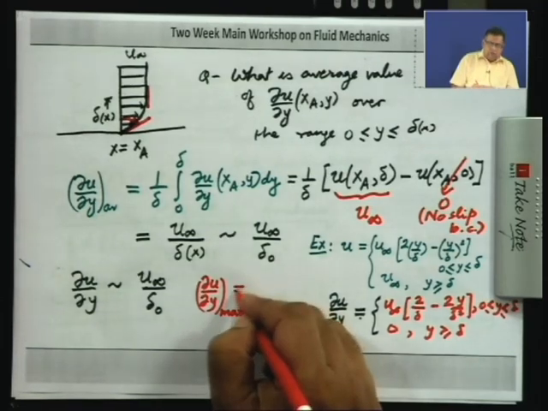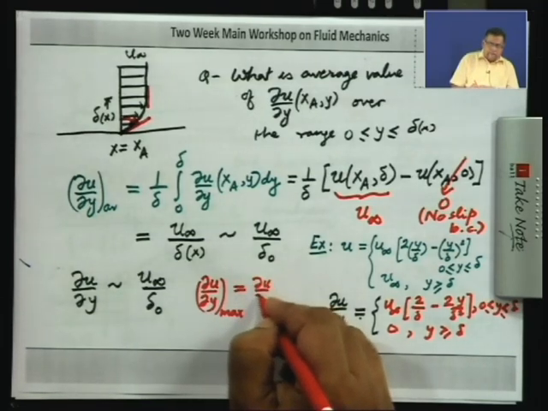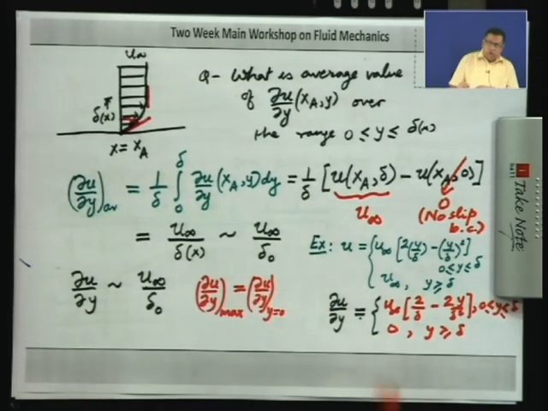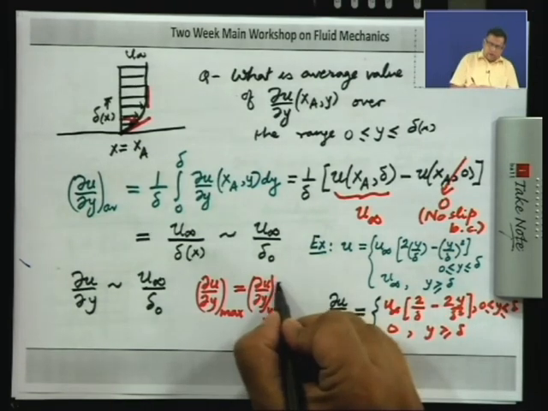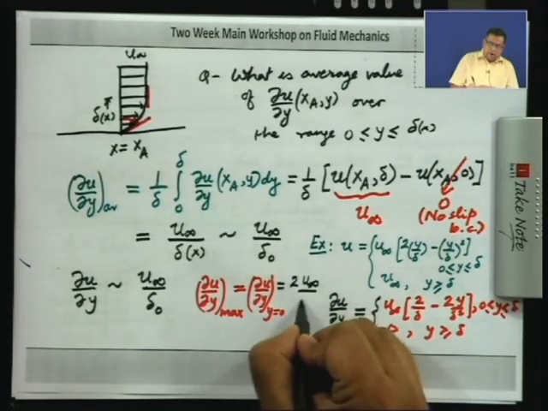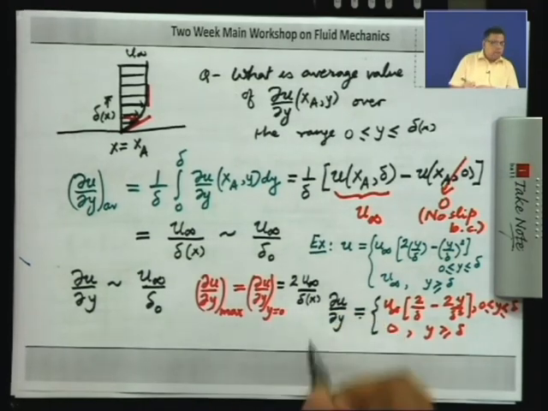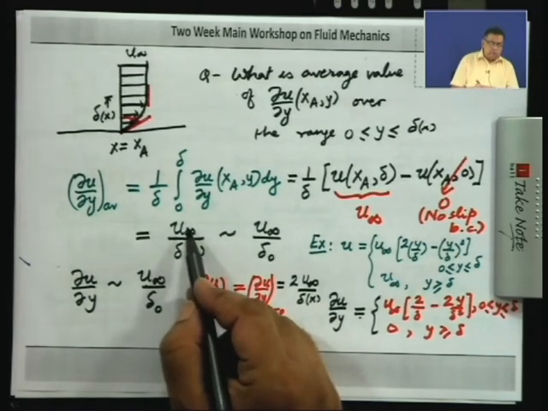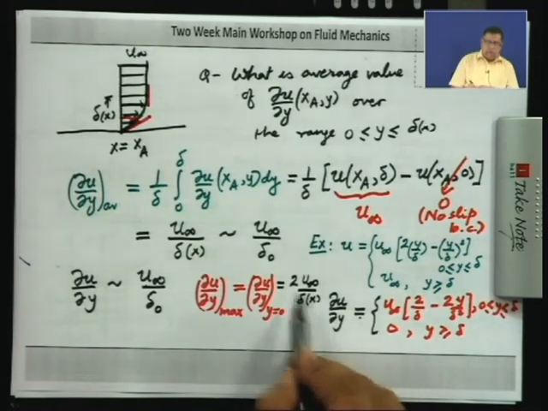So, this we know is del u del y at y equal to 0. If we put y equal to 0 here, this term goes to 0 and we get twice u infinity by delta of x. Now, compare this expression with the expression which we got earlier. That was u infinity by delta x and this is twice.